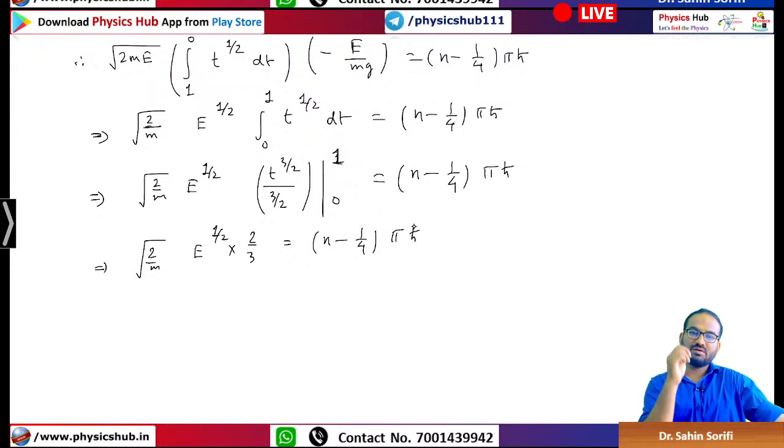G is somehow missing. Where is G? We have neglected G. So let's write 1 by G here, 1 by G, 2 by 3G. Is it correct, or is there any mistake again?